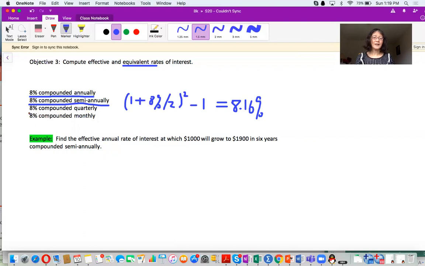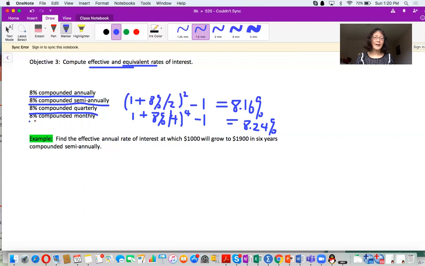Next, 8% compounded quarterly. Compounded quarterly means 8% divided by 4 is the periodic rate. A year has 4 quarters. So minus 1, you get 8.24%. So 8.24% is the effective and equivalent rate of interest.